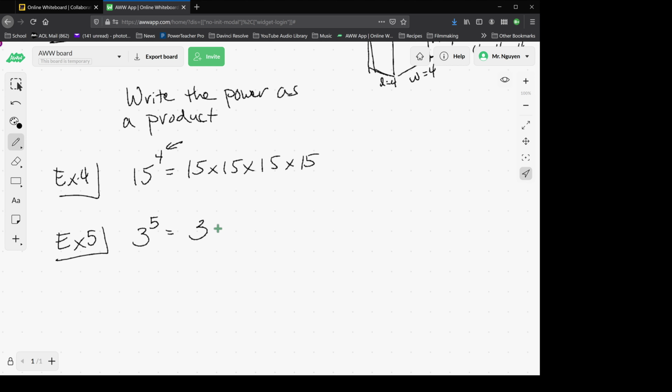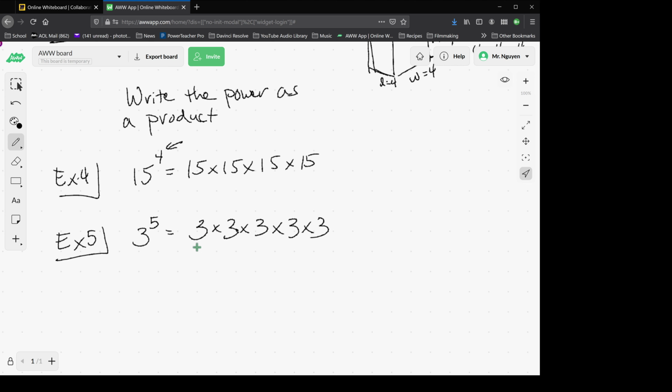You're going to multiply the base 5 times. Okay. So that's 3 times 3 times 3 times 3 times 3. 5 times, right?